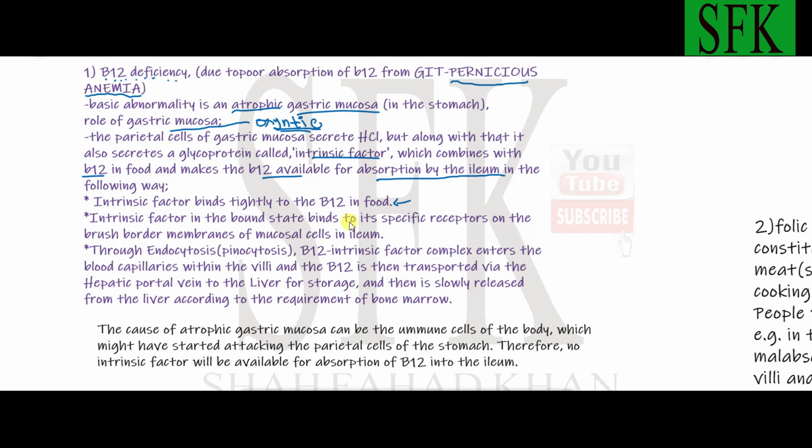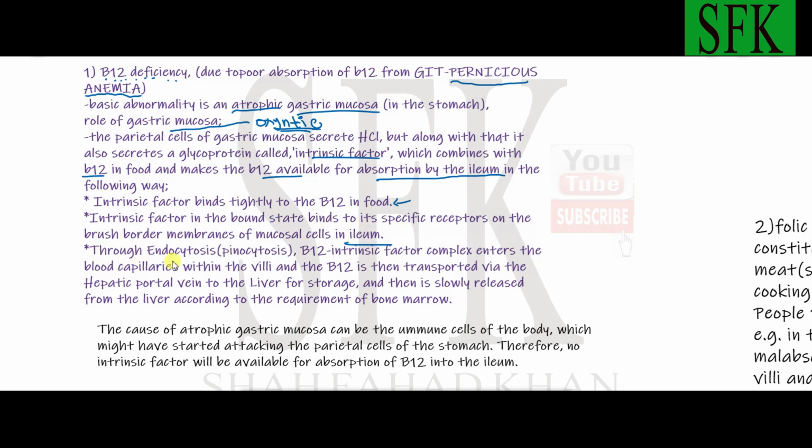Brush border is basically the site of the small intestine which is formed due to the microvilli. There are specific receptors on the microvilli where the intrinsic factor containing the vitamin B12 can bind. In that bound state, it binds to the specific receptors on the brush border membranes of the mucosal cells in the ileum.